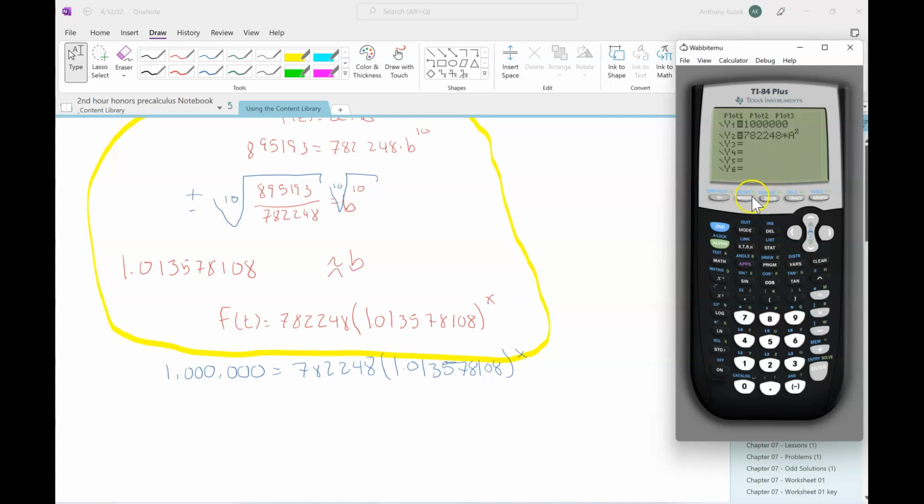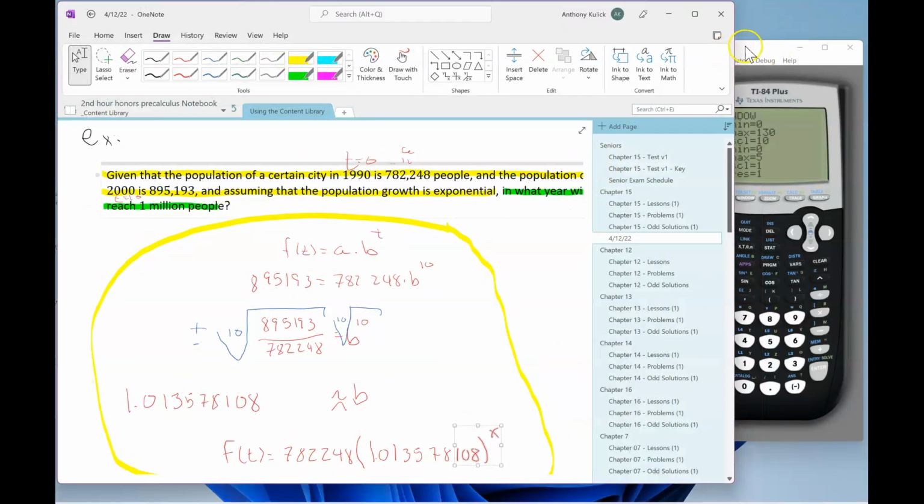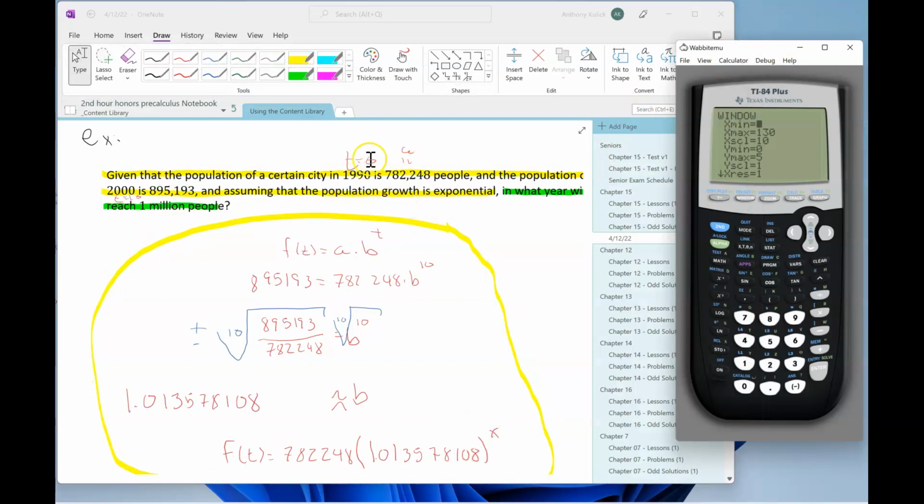All right. So now I'm going to reset my window because if I try to graph these two things, I'm probably not going to see the intersection because who knows what my window is set at. So the x's in this case are representing time.